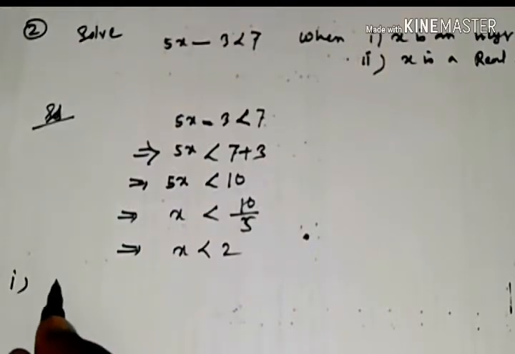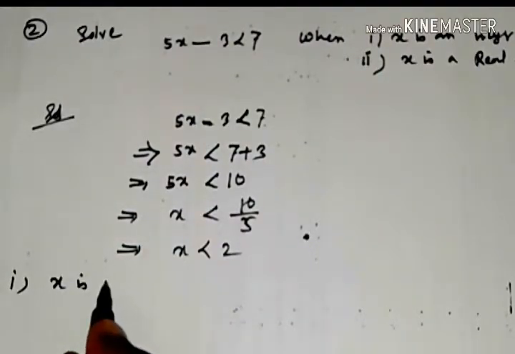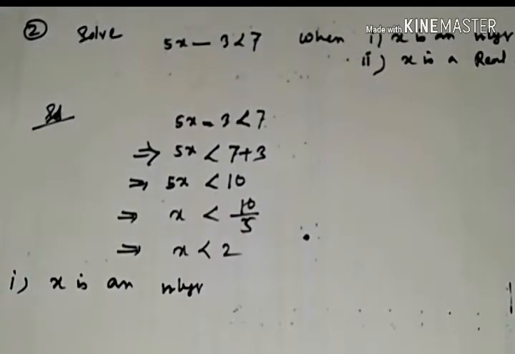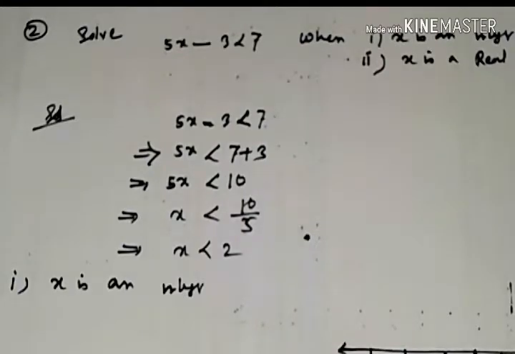First condition is x is an integer. Therefore, we can use the help of the number line. This is the number line: 0, 1, 2, minus 1, minus 2, minus 3, etc., up to minus infinity here, plus infinity here. What is the position of 2?